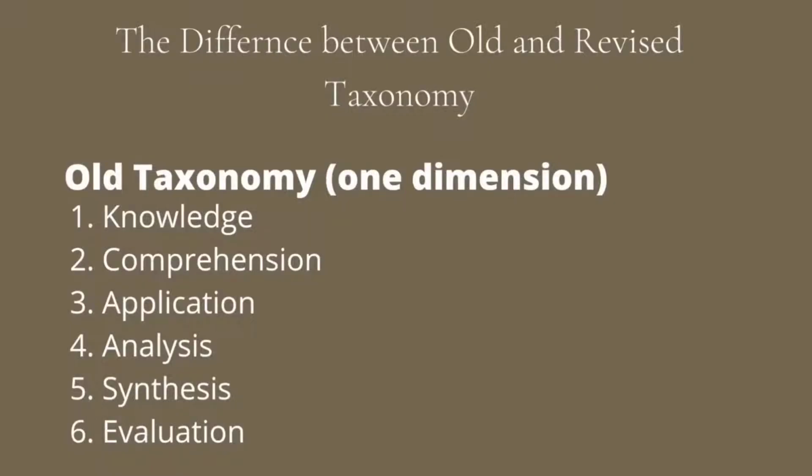We come now to the difference between the old and revised taxonomy. In the old taxonomy, we only have one dimension. Under the old taxonomy, we have knowledge, comprehension, application, analysis, synthesis, and evaluation.